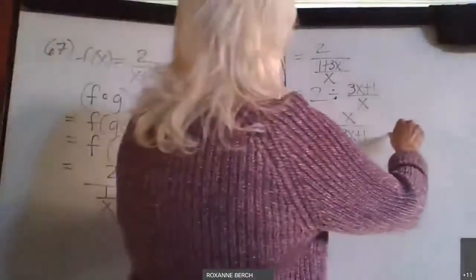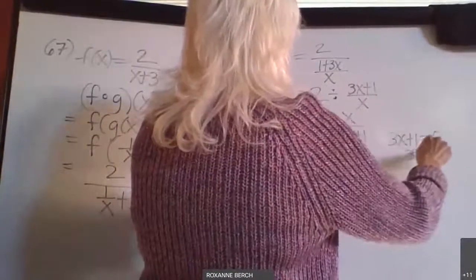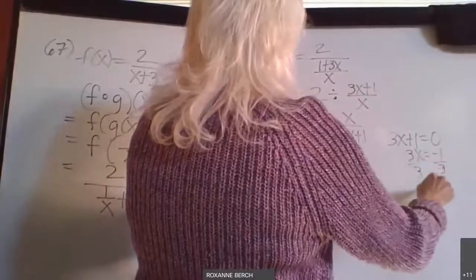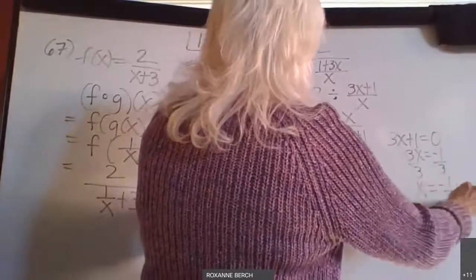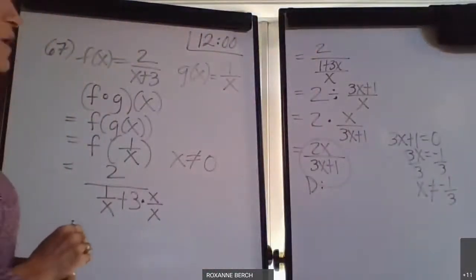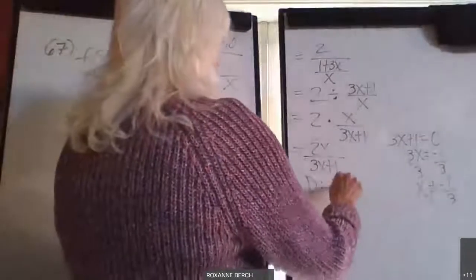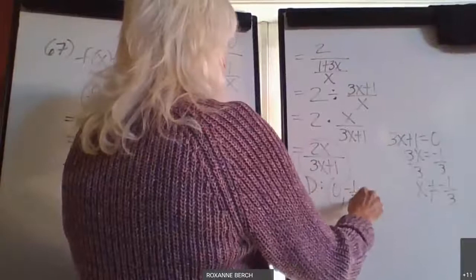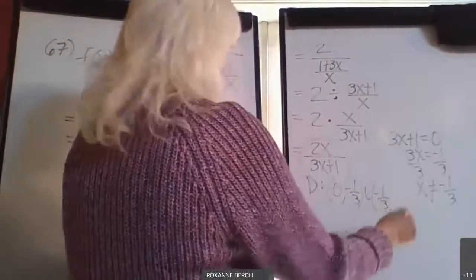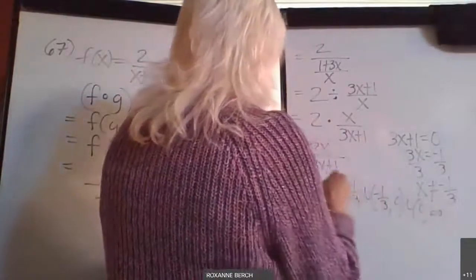So if you can't tell what it is, you take 3x plus 1 and set it equal to 0 to find the excluded value, which would be -1/3. So x cannot be -1/3. So the domain is everything except those guys. So this would be negative infinity up to -1/3 open, or open on -1/3 up to 0, or 0 to infinity.